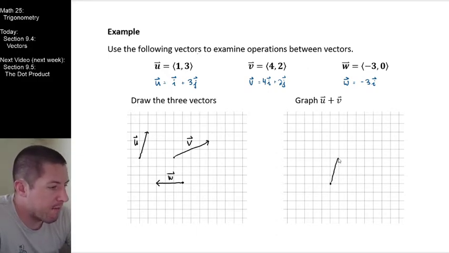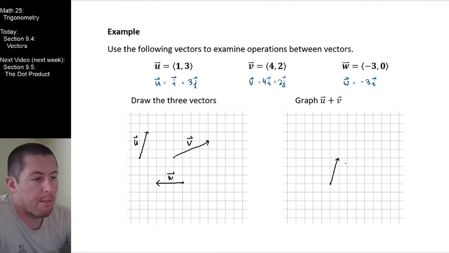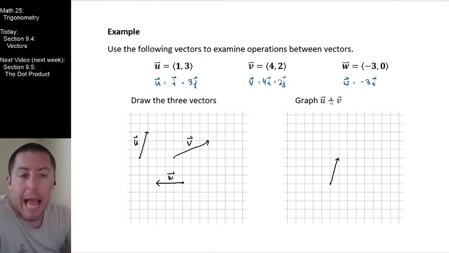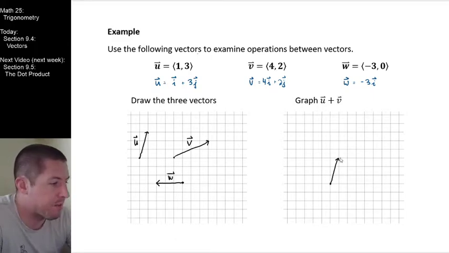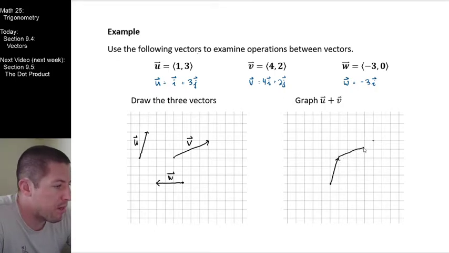So there's a copy of the vector u. I'm going to go right 1 and up 3. So I've done the action of u. Now from this location, I'd like to do the action of v, which is to go right 4 and up 2. So that should bring me to this location over here.